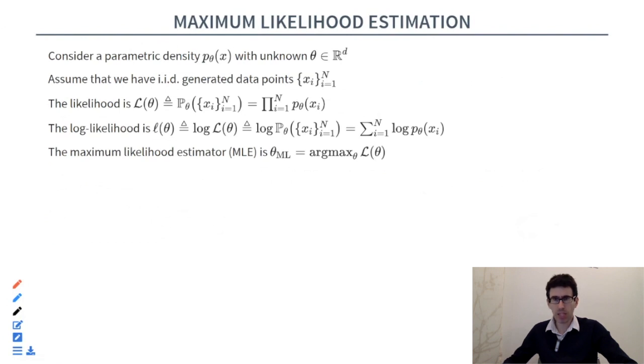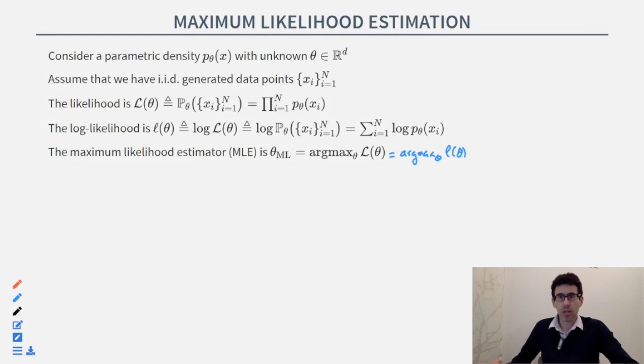And the maximum likelihood estimator, or MLE for short, is a quantity I call theta underscore ML for maximum likelihood. It's the argmax of this L of theta. And one thing I should write now immediately is that because log is a nicely continuous and increasing function, you can always argue that maximizing the likelihood is the same thing as doing the maximization of the log likelihood, small l of theta.